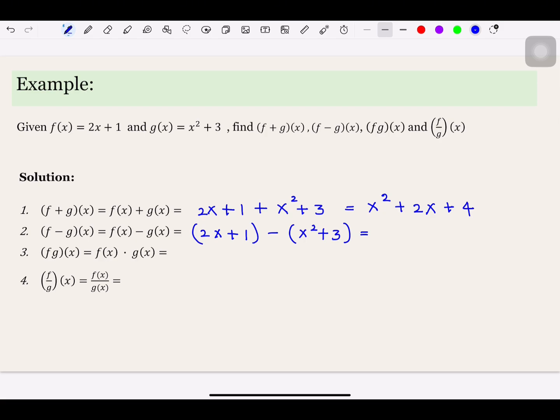In order to remove these parentheses, you have to multiply each term by this minus 1. So if you multiply this minus 1 by x squared, you get negative x squared. And if you multiply this negative 1 with this 3, you'll get a negative 3.